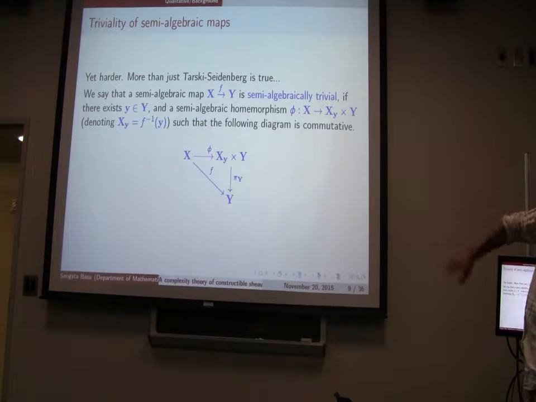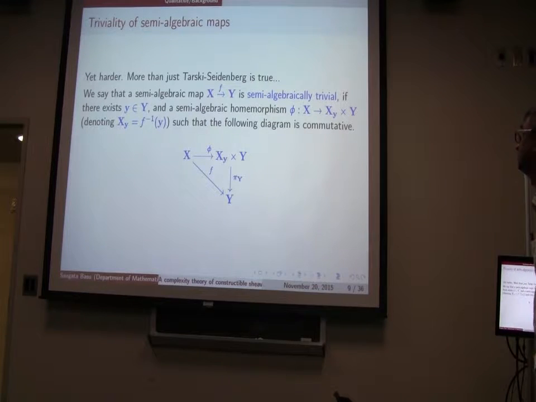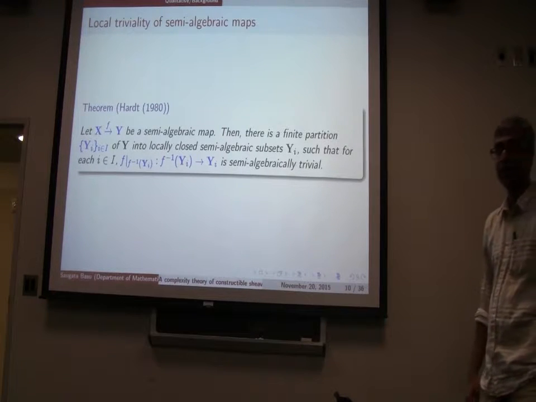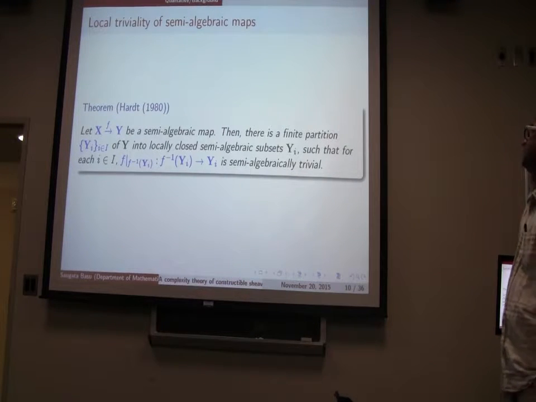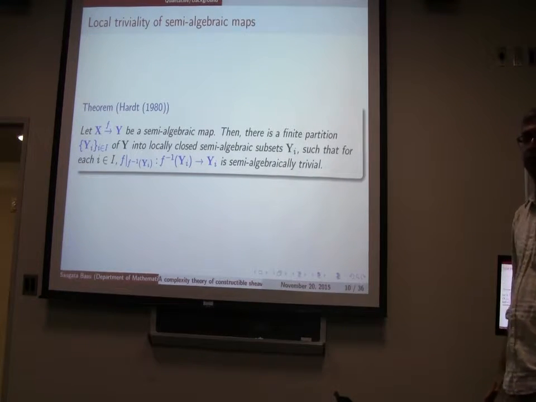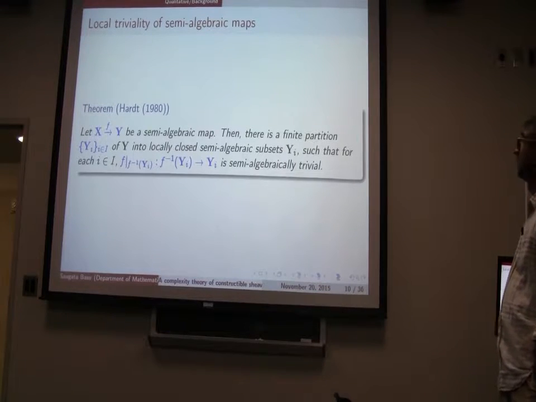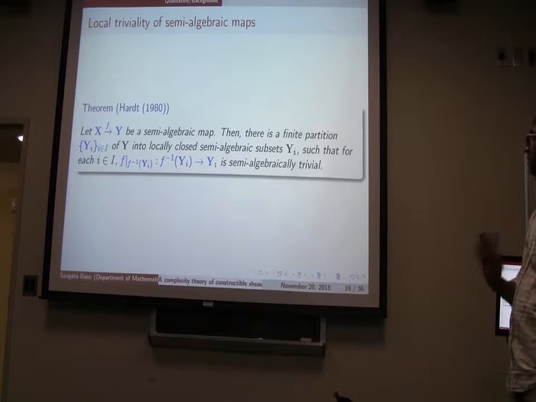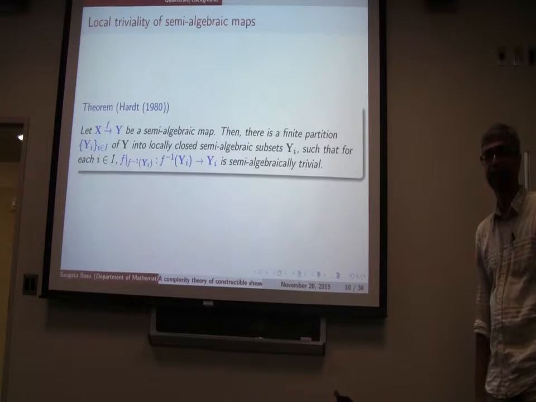Well, not all semi-algebraic maps are trivial, but the theorem due to Hardt says that if you have a map, then there is a finite partition of the base into locally closed semi-algebraic sets, such that restricted over each element of the partition, the map is trivial.